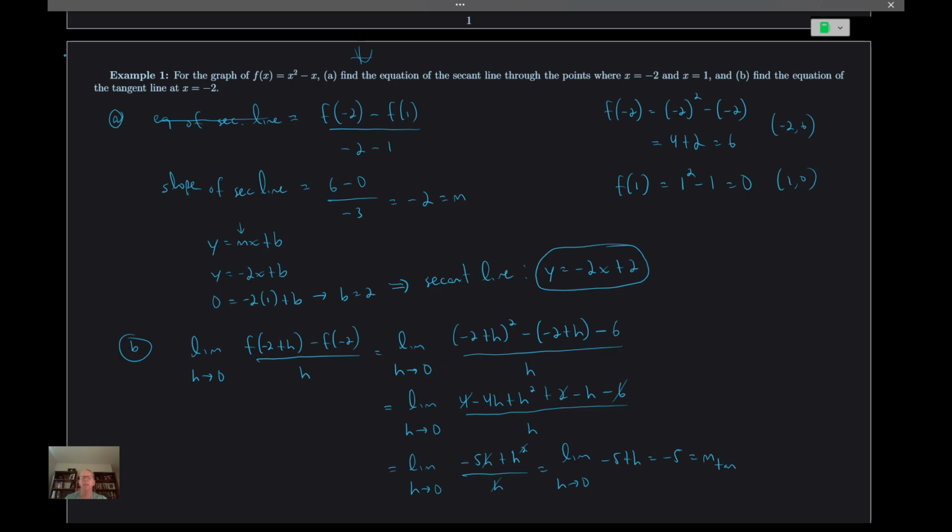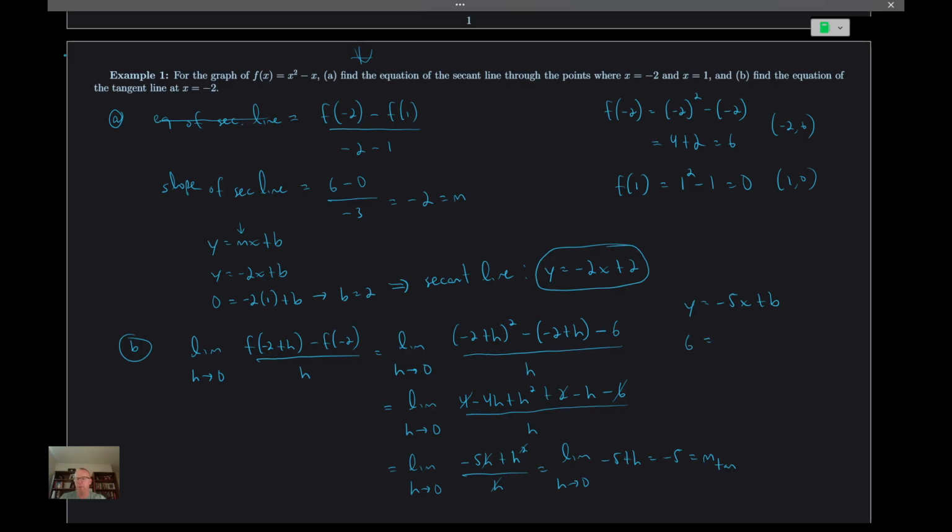And so now to get the equation of the tangent line through x equals -2, the point where that curve goes through -2, we're going to do the same thing we did here. We start with y equals -5x plus b. We need to figure out what b is. Now we have to plug in -2, 6, because the tangent line is not going through 1, 0. It's going through -2, 6.